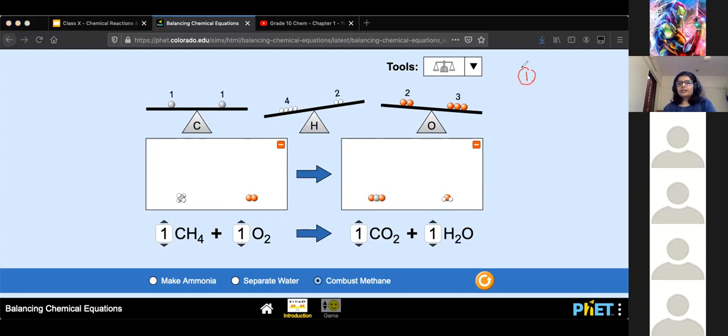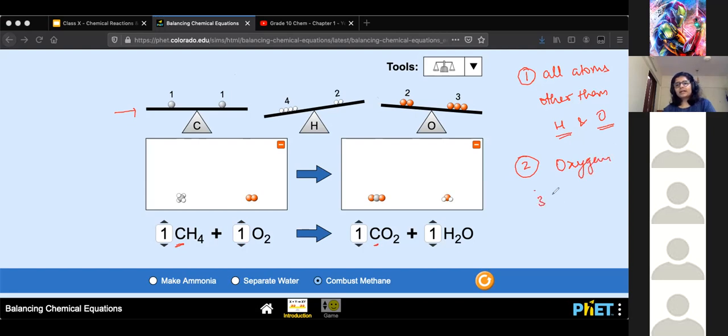First, look at all atoms other than hydrogen and oxygen, to see whether they are balanced or not. In this case, it's carbon. That's balanced, equal, 1 and 1. Khatam. Once you're done balancing that, then look at oxygen.